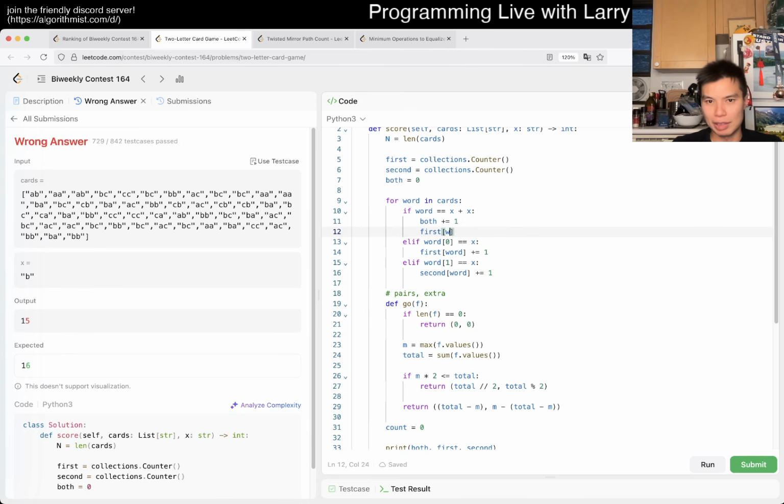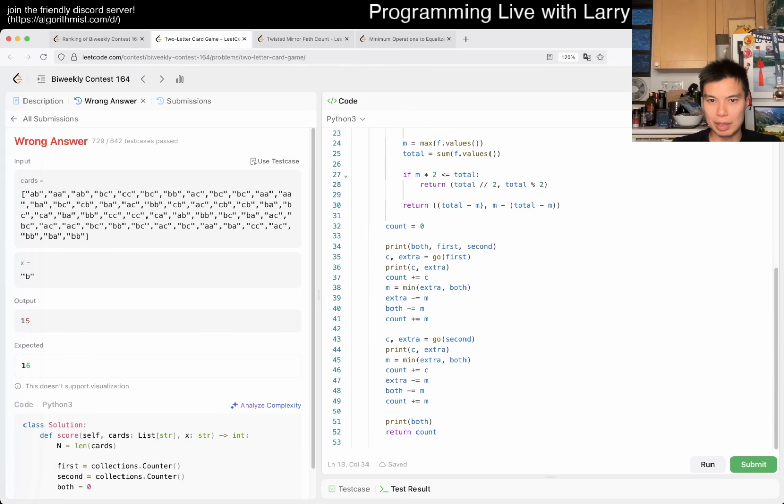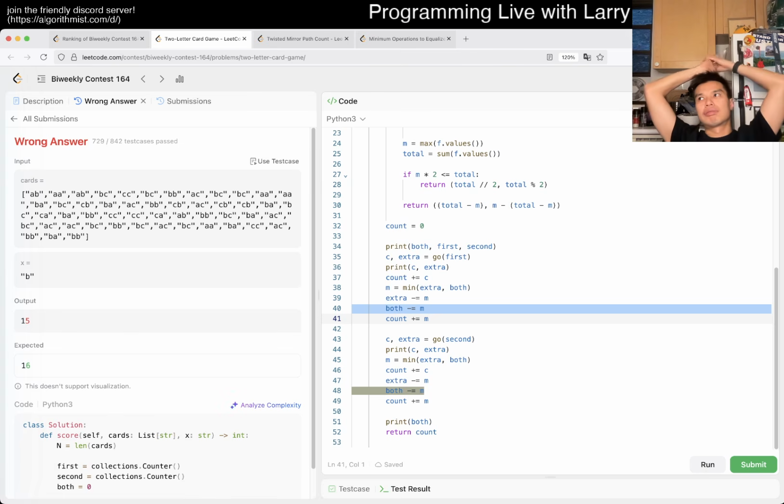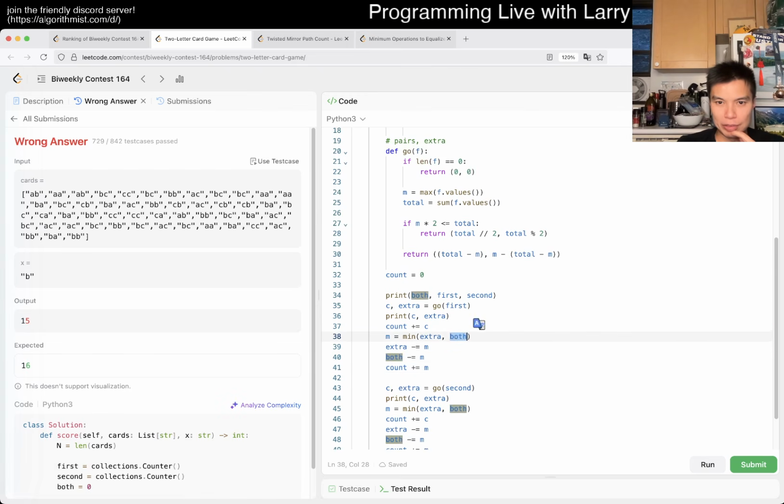Okay, let's try something real quick. And then we just skip the both part now. The both part, we never care about it anymore. If we have extra, we want it to be the both as much as we can, because now we don't keep the both anymore.